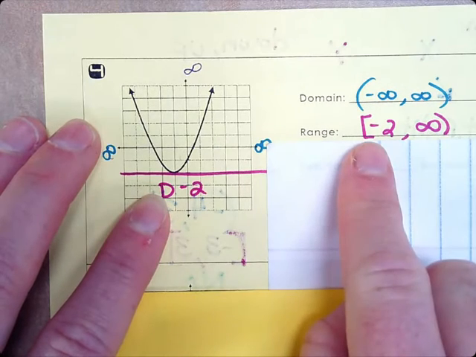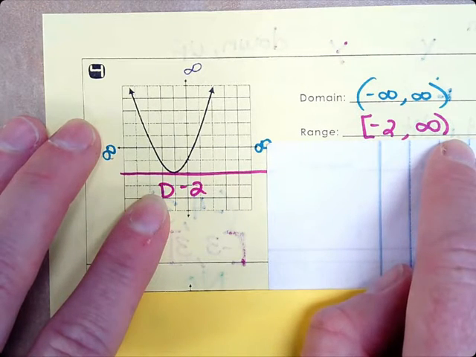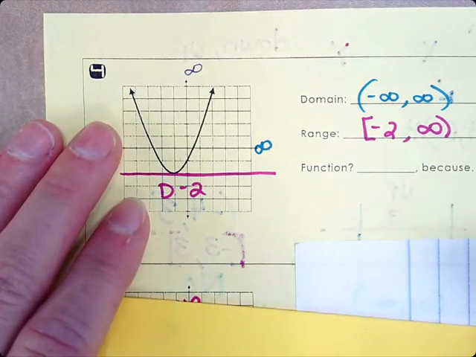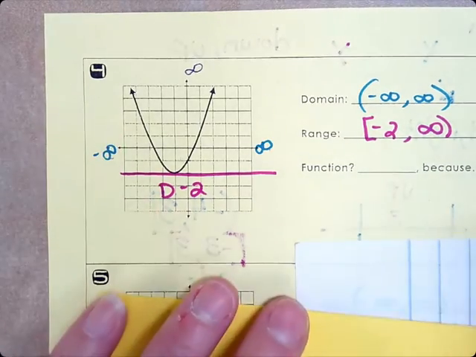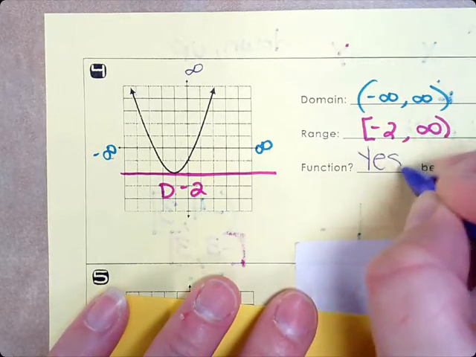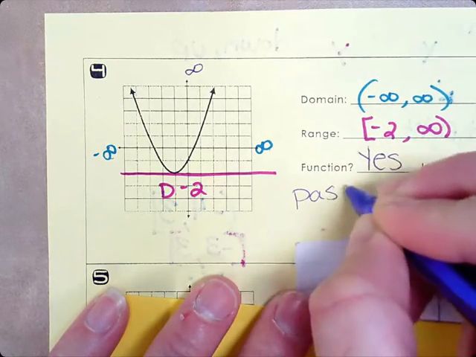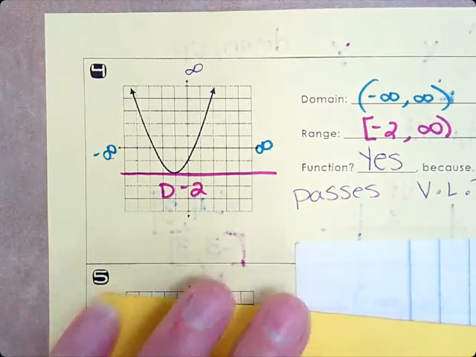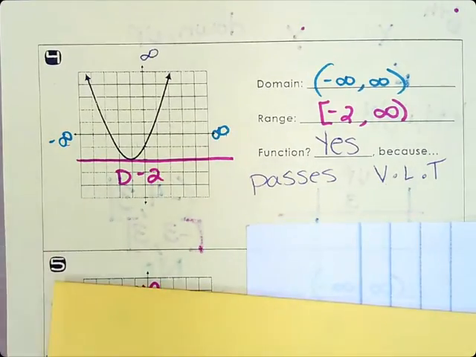It touches -2. You can't ever touch infinity, so it's parentheses. To be a function, it has to pass the vertical line test. So this is a function, yes. It passes the vertical line test. I'm just going to abbreviate vertical line test as VLT.